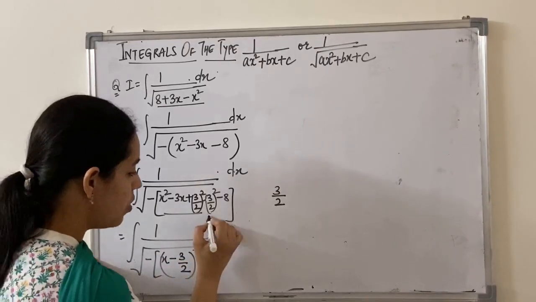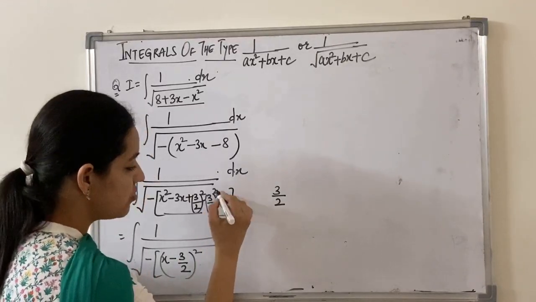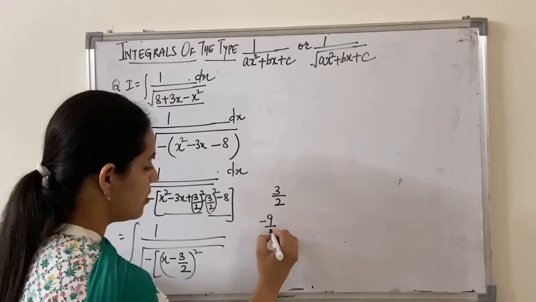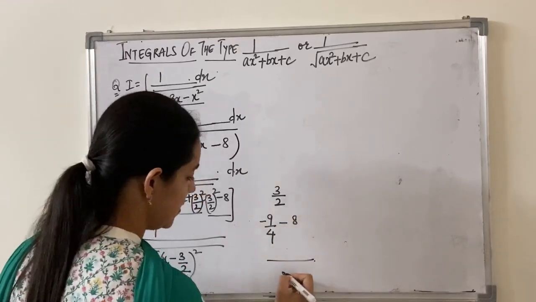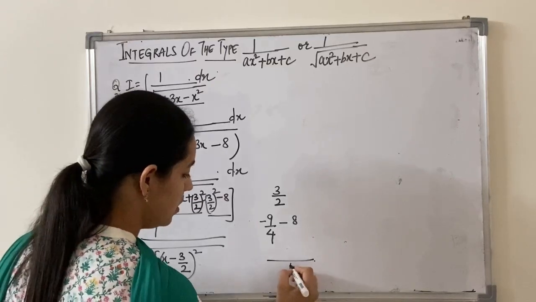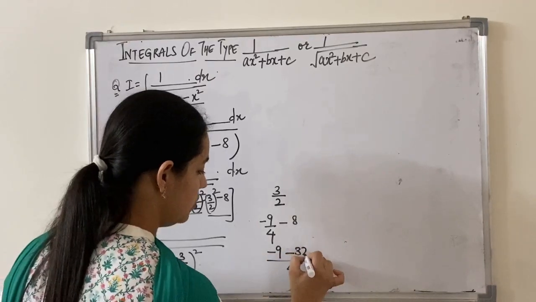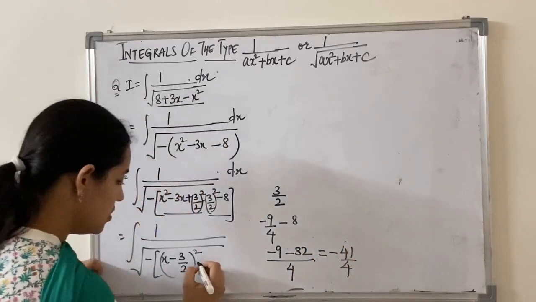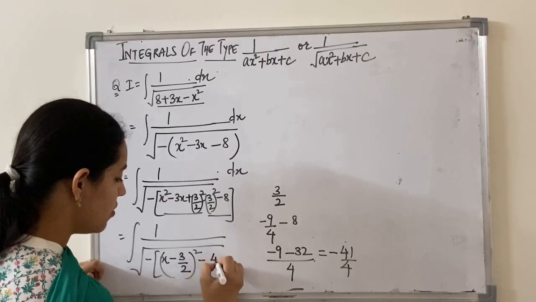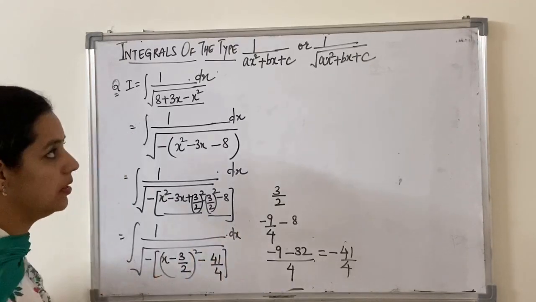And you can solve these two terms separately. They are the constants only. So minus of 3 by 2 square is minus 9 upon 4, minus 8. If you take the LCM, it is going to be 4, minus 9 minus 32. So it is going to be minus 41 upon 4. So you can write it here as minus 41 upon 4, along with it dx.